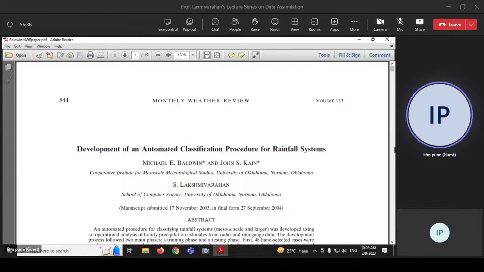We could easily cluster them. Here, Mike Baldwin was a meteorology PhD student, and John Kane is a colleague from meteorology. That's myself. Again, we always had a professional meteorologist, myself, and a student to work with. Here, Michael Baldwin.